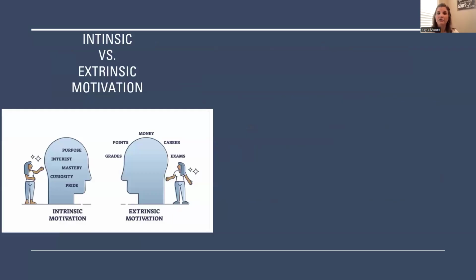Next, we will look at intrinsic versus extrinsic motivation. I really love this picture that I have here. It really helps to show the differences in these and give you a visual aid if you are a visual learner like me. Intrinsic motivation, what is it?